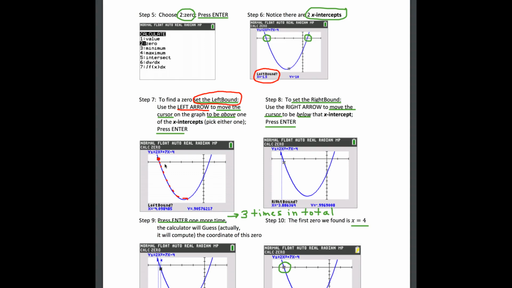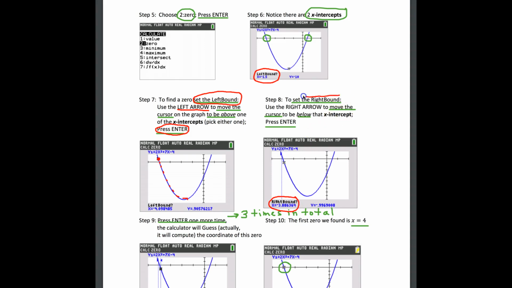We're going to give the calculator bounds, the left and right bounds of x values where we think the x-intercept is, and then we're going to have it compute the actual intercept. After you've set your left bound a little bit to the left of where you think the x-intercept is, press enter. Next, you'll see this screen, and your calculator will ask for a right bound.